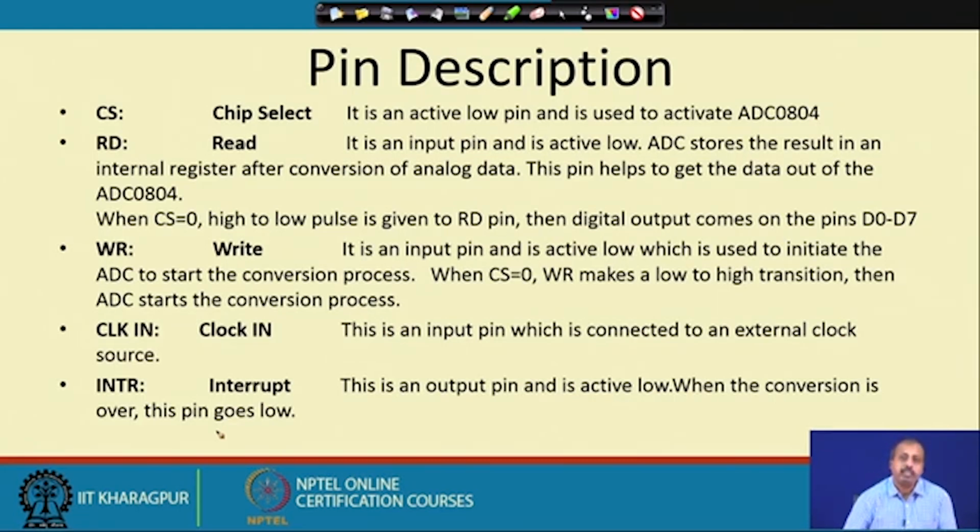One possibility is that the microcontroller will continually check whether the conversion is over or not. The other possibility is that the microcontroller will do some other job, and when the ADC is done, it will give an INTR signal, the interrupt signal, to the microcontroller telling that the conversion is over.